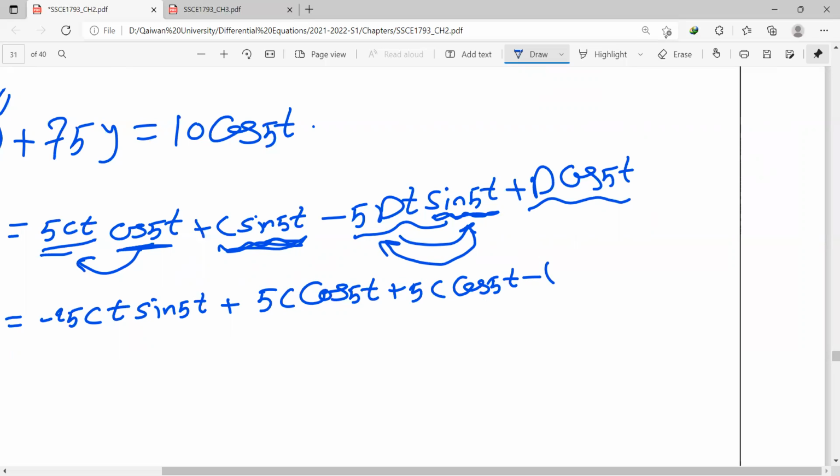First times derivative of the second, which is 25dt cosine 5t, plus second times derivative of the first, which is 5d sine 5t. The derivative of d cosine 5t is 5. Let me close the bracket. Then plus 5d cosine 5t. That's all. Now we enter the negative sign into the bracket. This becomes negative, okay? And also this becomes negative.